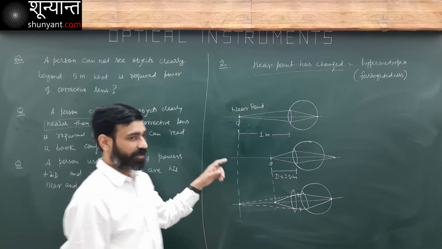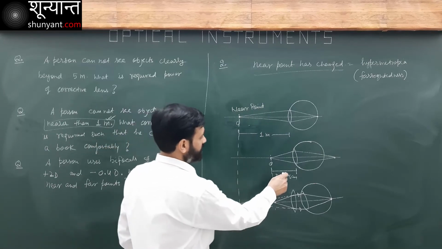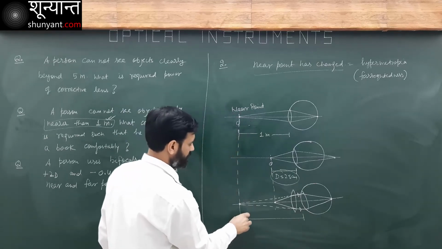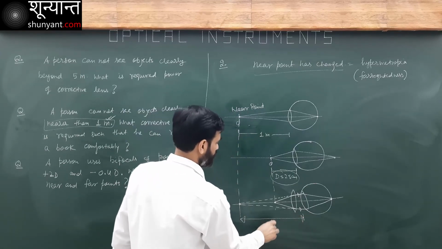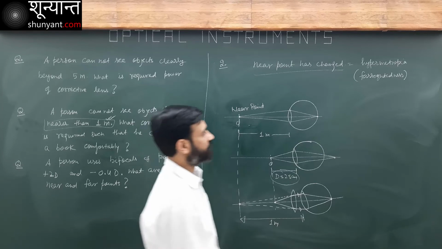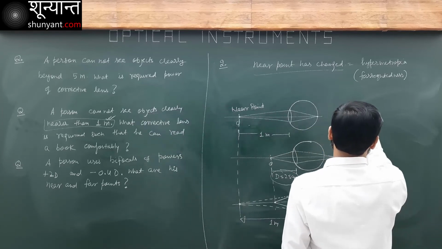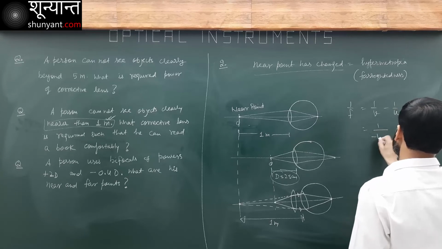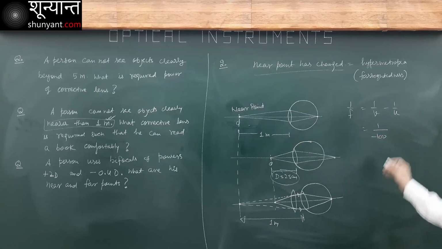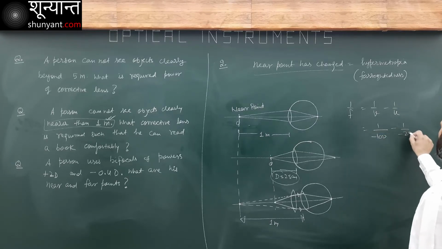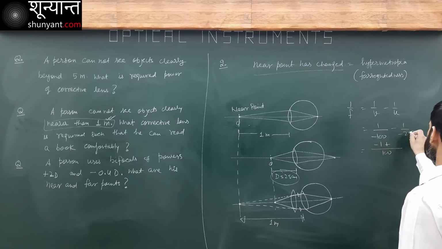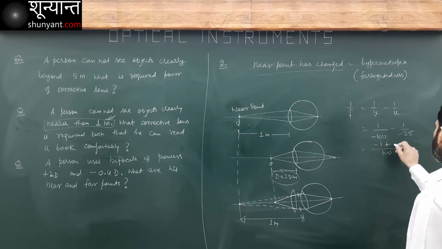Now, what do I want? My object is kept here. I want my image here. Where should the image be? It is 1 meter. What should be the focal length? 1 over f equals 1 over v minus 1 over u. 1 over minus 100, minus 1 over minus 25.